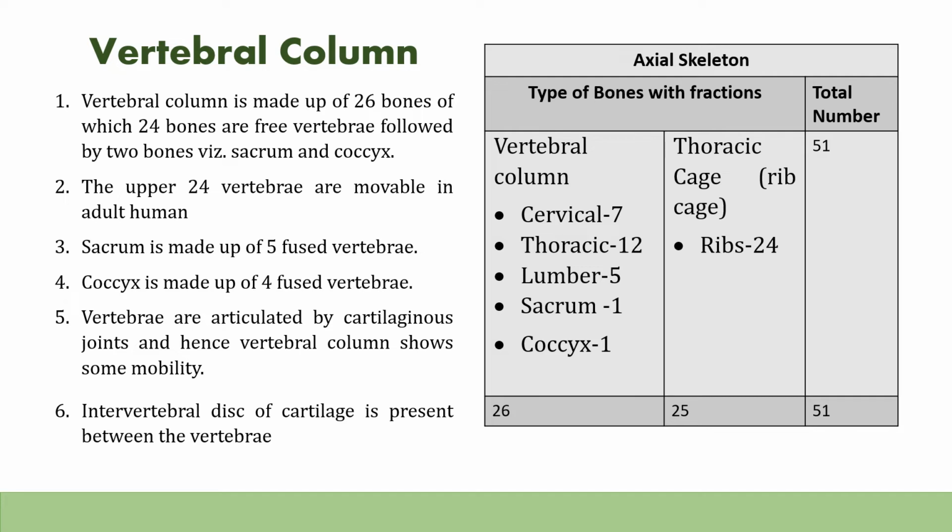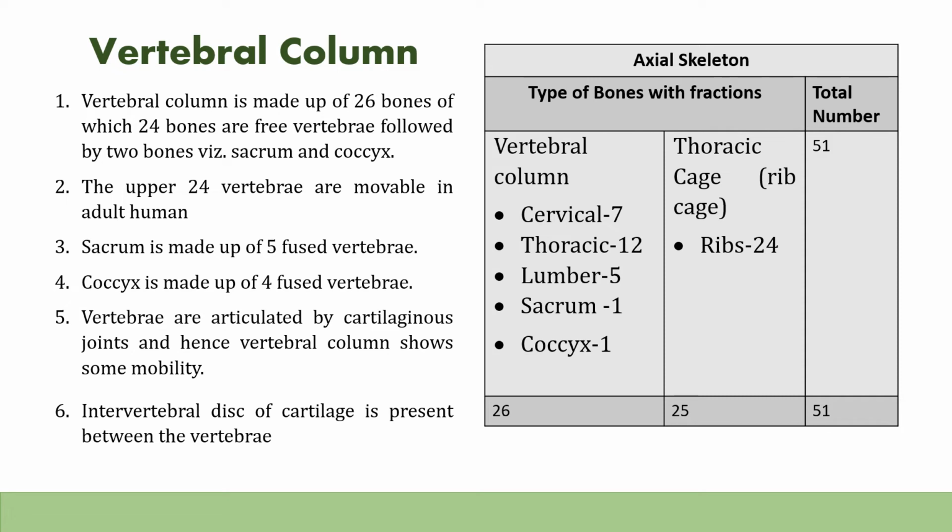The vertebral column is made up of 26 bones, of which 24 are free vertebrae followed by 2 bones, the sacrum and coccyx. The upper vertebrae are movable in the adult human, the sacrum is made up of 5 fused vertebrae, and the coccyx is made up of 4 fused vertebrae.